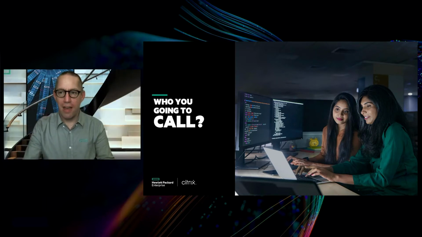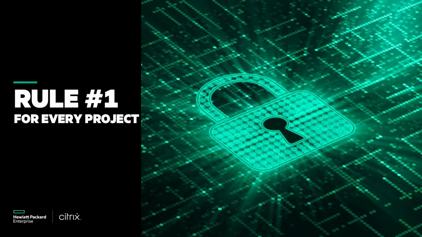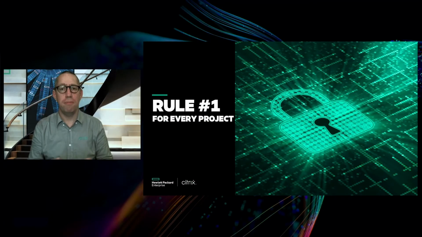So that all being taken into account, we've got a key rule that we have to take into account here. So security, rule number one for every project on this is security. Please do not think you can skip the security. And actually, to be fair, the use case for VDI is mainly a security use case.